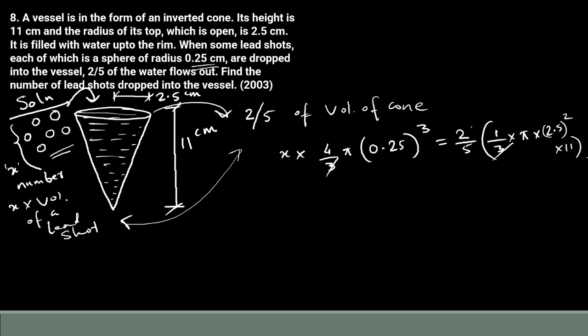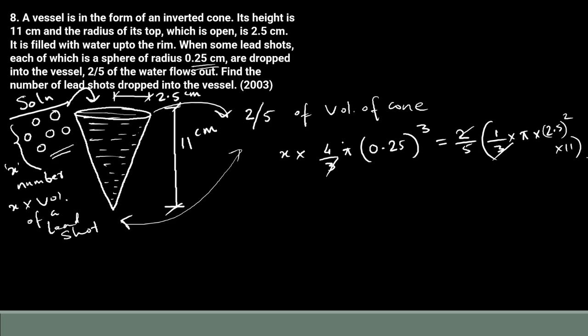and then you can simply do these calculations. Basically 2 and 4 will get cancelled, pi and pi will get cancelled. All right, so what are we left with now? x.